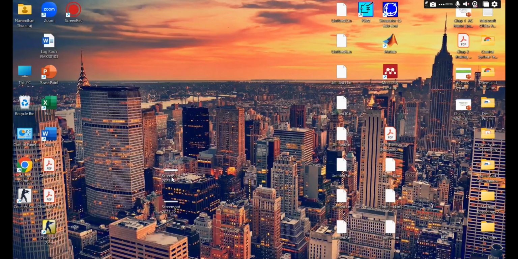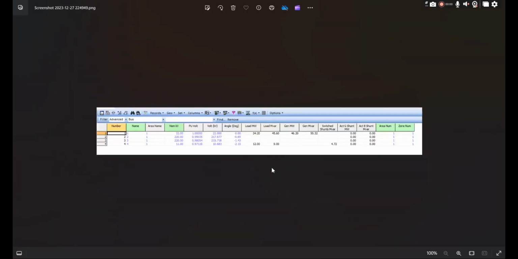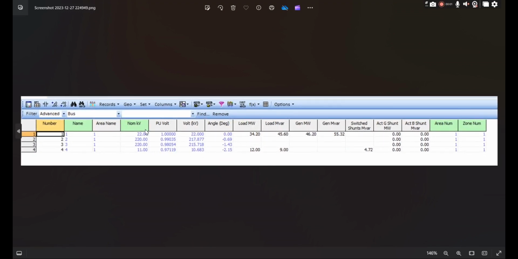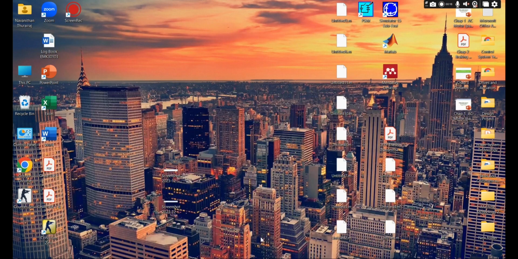Since the values are not really clear in the video, I'll show you. This is the nominal kV, this is the per unit volt, this is the volt kV, angle, load MW, load MVAR, Gen MW, Gen MVAR, and switched shunts MVAR. So this is Table 1, and I'll show you Table 2.